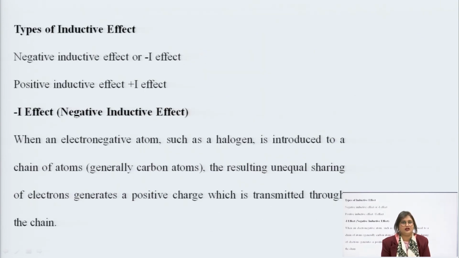There are two types of inductive effect, negative inductive effect and positive inductive effect. What is the negative inductive effect? When an electronegative atom such as a halogen is introduced to a chain of atoms, the resulting unequal sharing of electrons generates a positive charge which is transmitted throughout the chain.